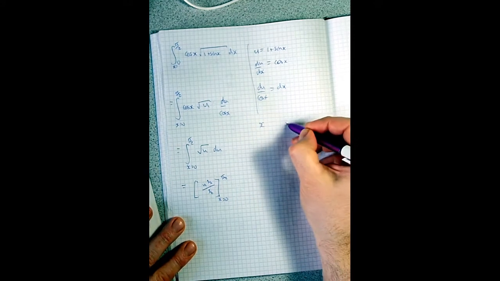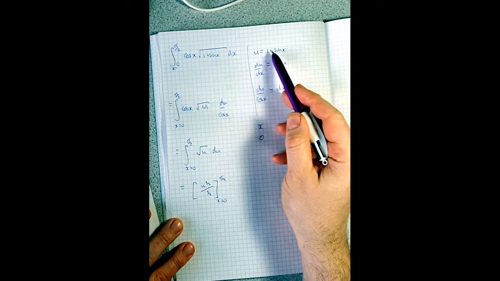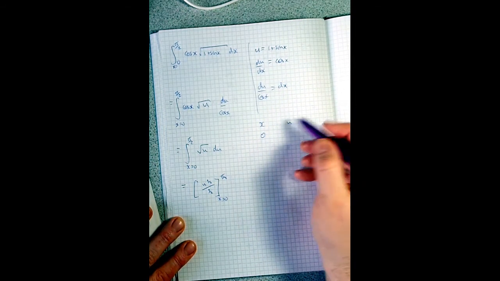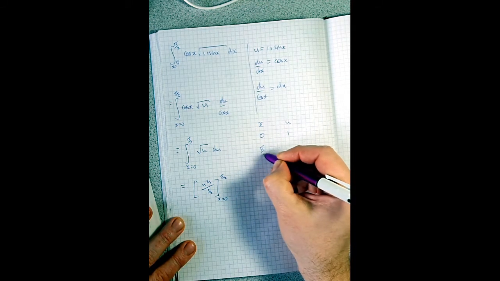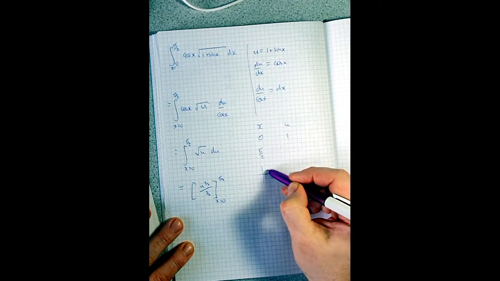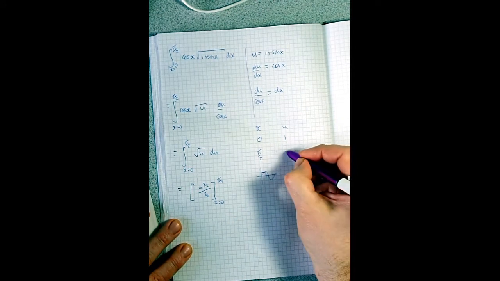If x is 0, well, u is 1 plus sine x, sine of 0 is 0, so u must be 1. If x is pi over 2, think about my sine graph, there it is, pi over 2, sine pi over 2 is 1, plus 1 is 2.